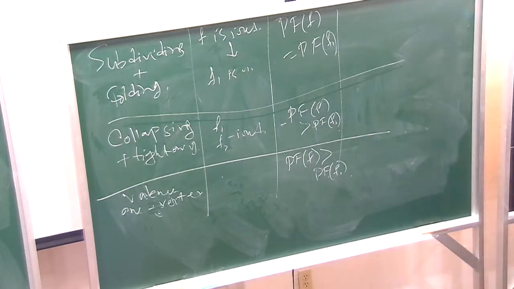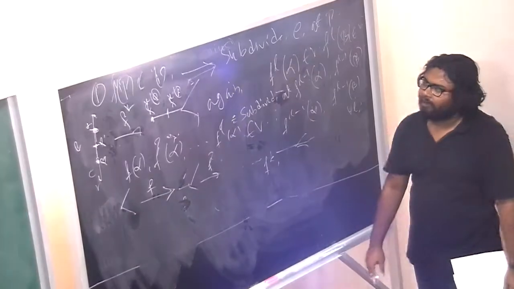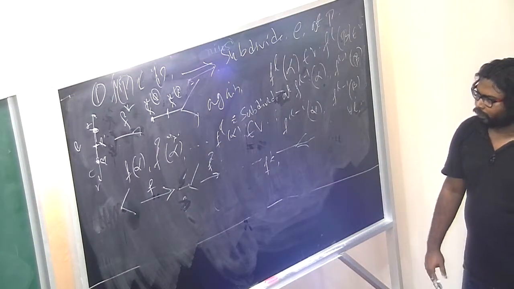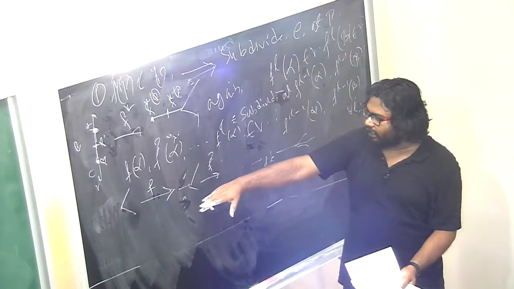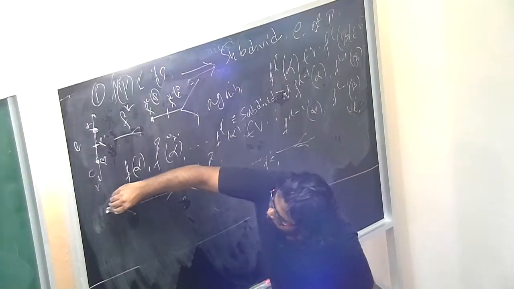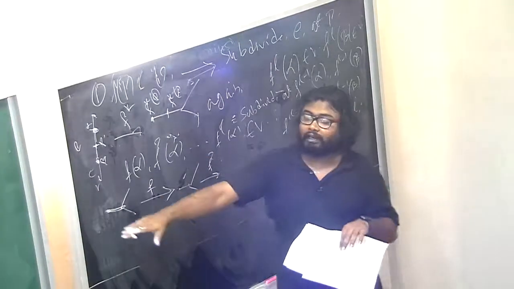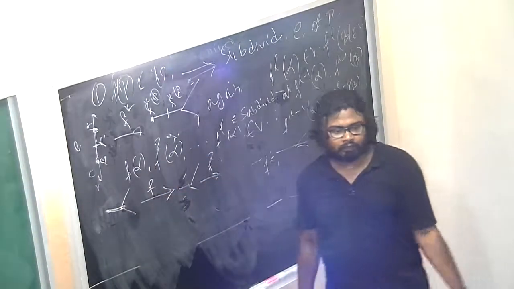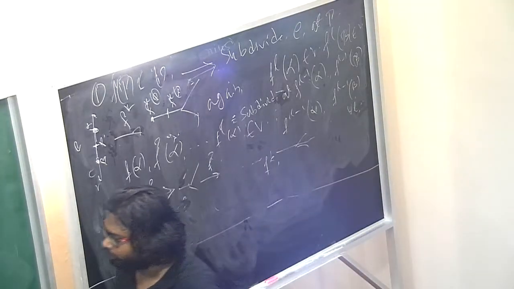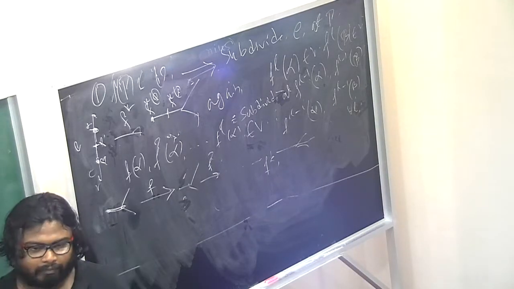So all I did here was first folding and subdividing, which keep the eigenvalue the same, but after that I performed a valence 1 homotopy removal, and that certainly reduces the eigenvalue.